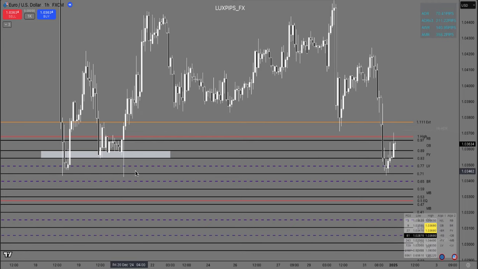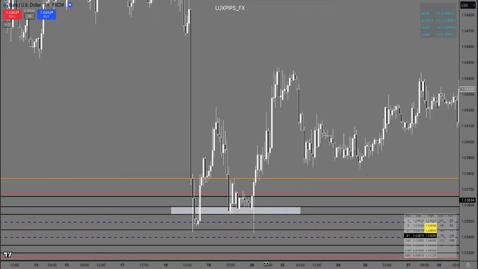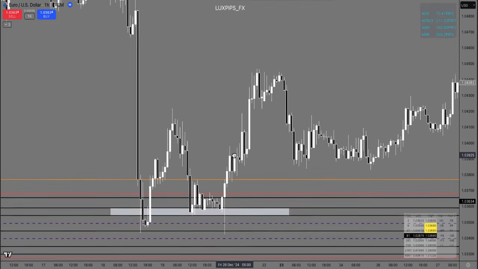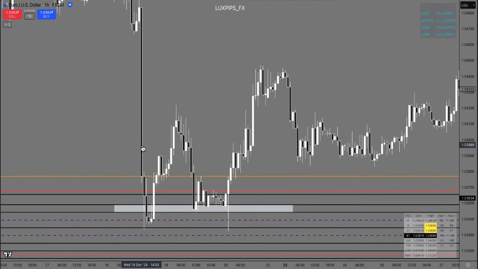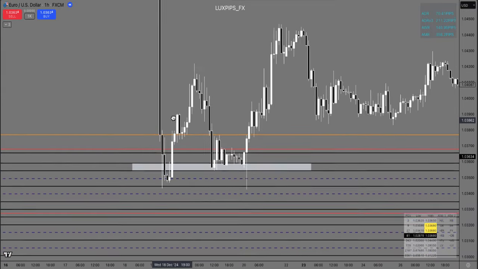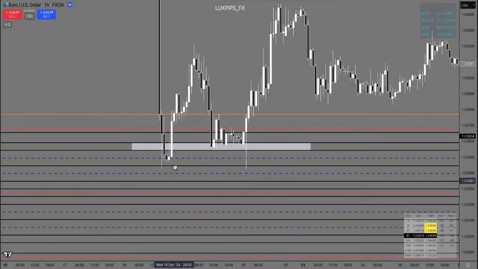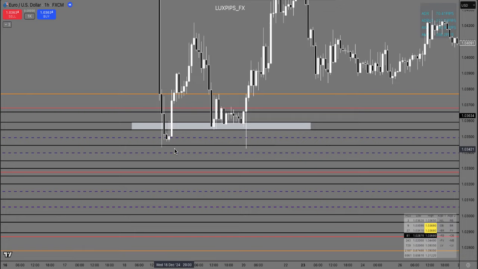Remember, to fully confirm a dealing range, you want to see an LV and the LV. Yet right here, as we can see with context, there's a large liquidity void here, right? So obviously selling down here is not so favorable.